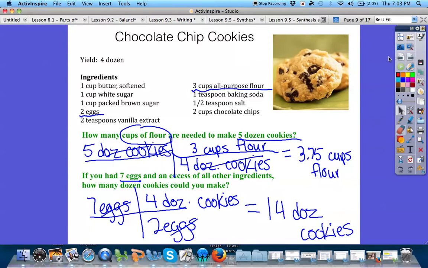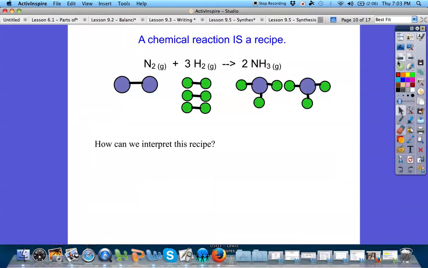So we said a recipe is essentially a chemical reaction, or a chemical reaction is a recipe. You can look at it either way. So in this recipe, we have nitrogen and hydrogen reacting to form ammonia.